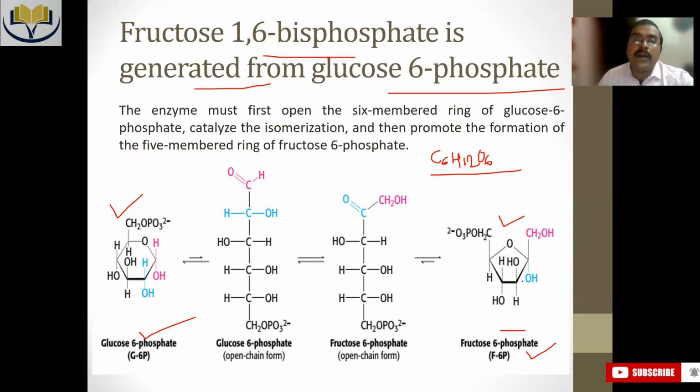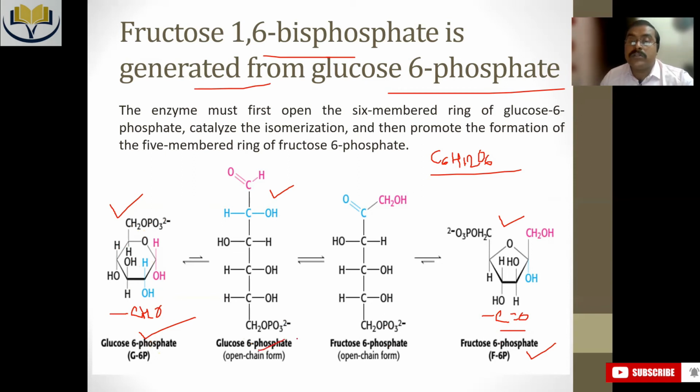But isomeric conversion is not possible until and unless it converts into an open chain conformation. Because, as we all know, glucose contains an aldehyde group, CHO, but fructose contains a keto group. So aldose to ketose conversion is not possible without opening the ring. That is why ring opening is a part. That means ring structure glucose first converts into open chain form.